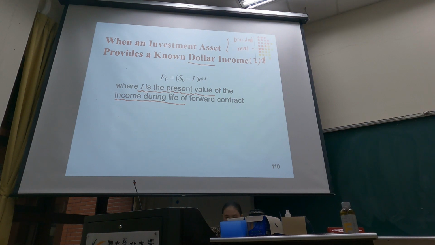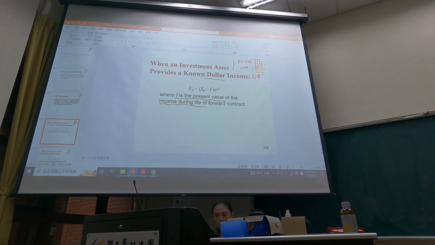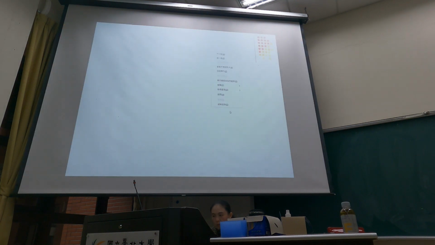Now, let's try one of the questions. So there is a forward contract. T equals 10 months, and S0 equals $50. RF equals 8%.